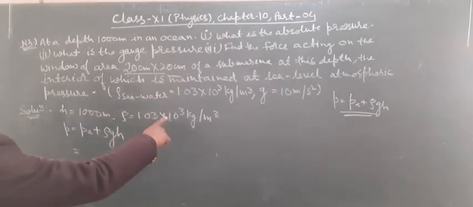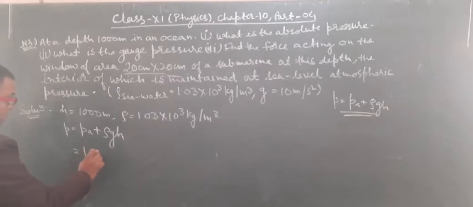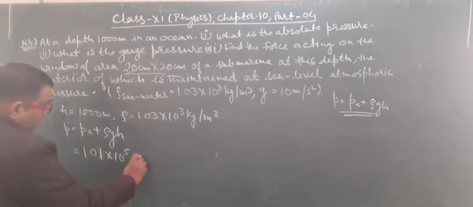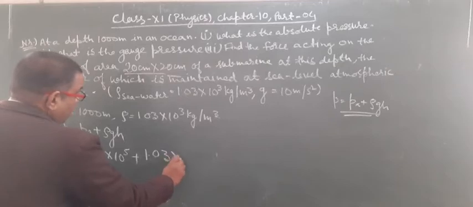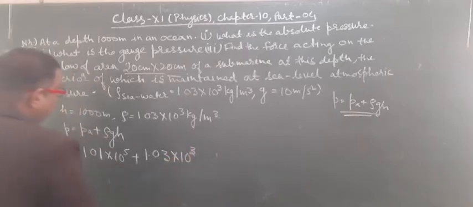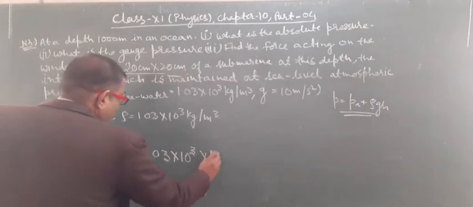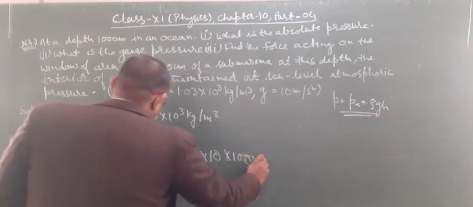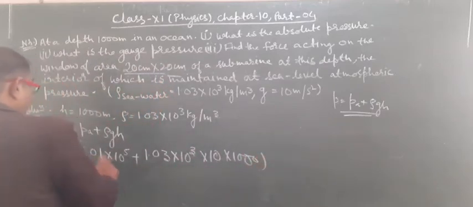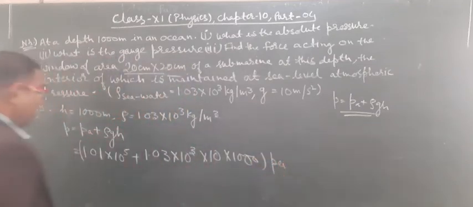Pa is given, the value of atmospheric pressure, 1.01 into 10 to the power 5 Newton per meter square, plus density 1.03 into 10 to the power 3. It is given the value of g is 10 and height h is 1000 meter. This is all about the absolute pressure, that is in Pascal.